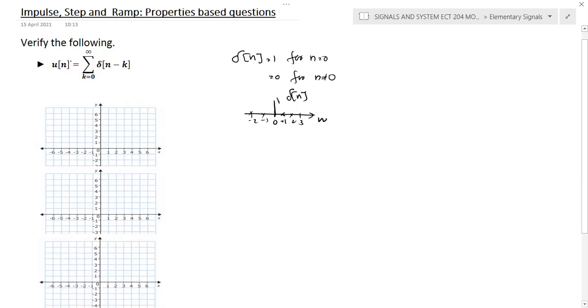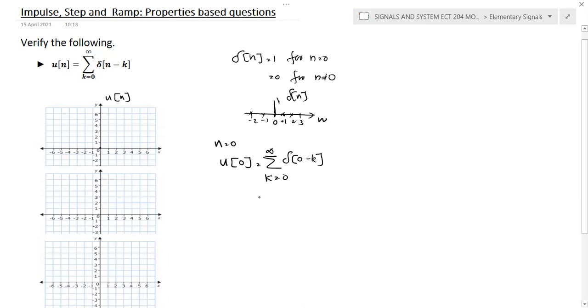Now in this particular expression we need to find out u of n. We can find u of n by using this equation, and for n equal to 0, at this particular point, we need to find the magnitude of the function. So we can write u of 0 as the sum for k equal to 0 to infinity of del of n, with n equal to 0, so del of 0 minus k.